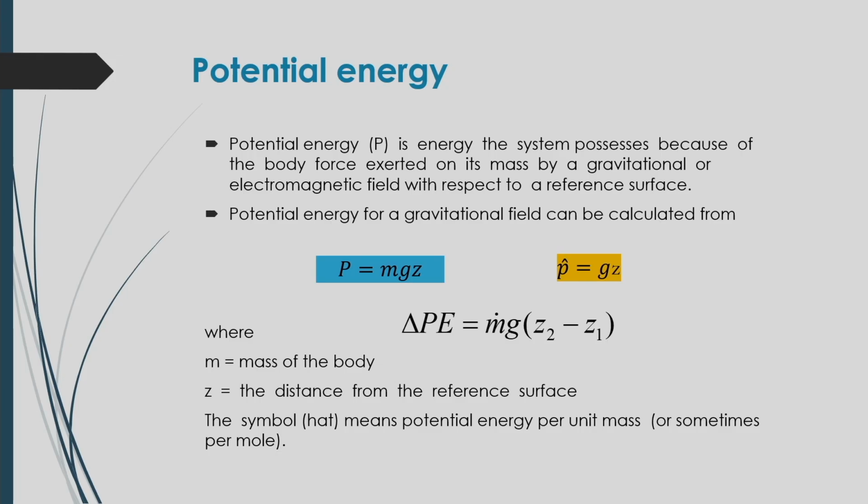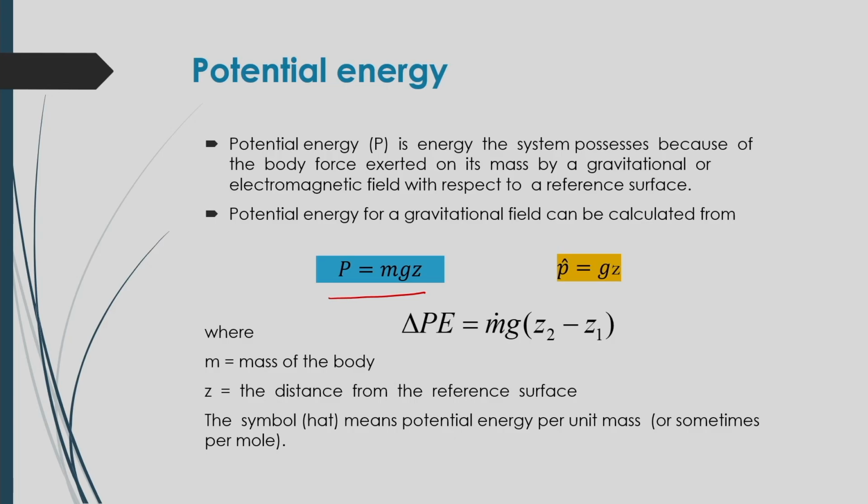Now this potential energy for a gravitational field can be calculated by this equation, where P is called potential energy, m is the mass of that object or material, g is the gravitational acceleration, and z is the height of that object from its reference surface.